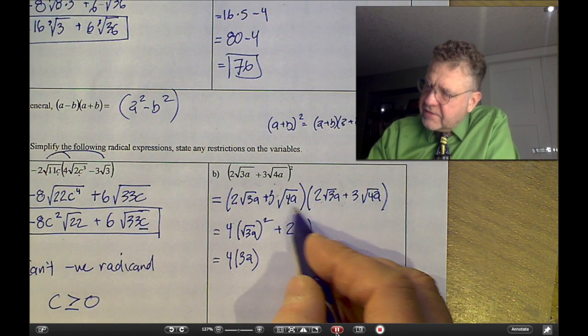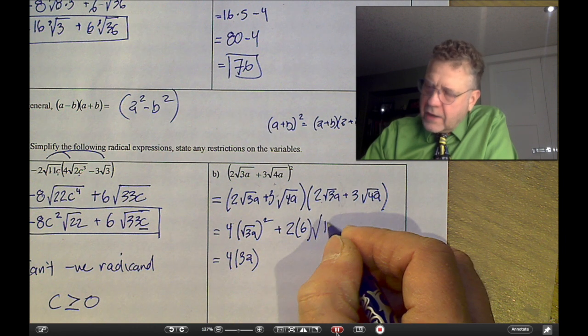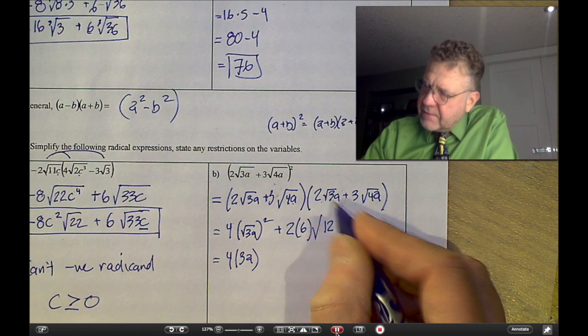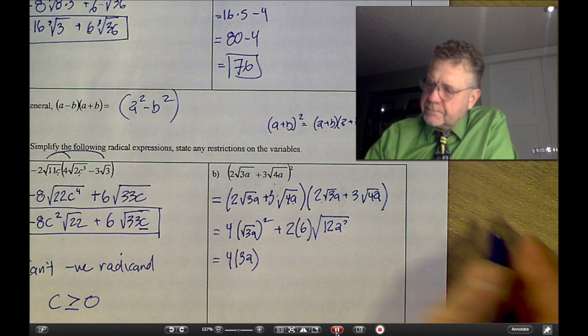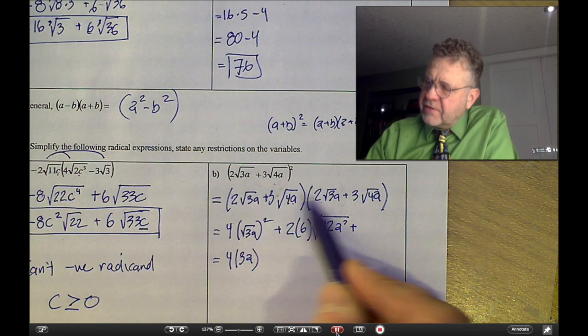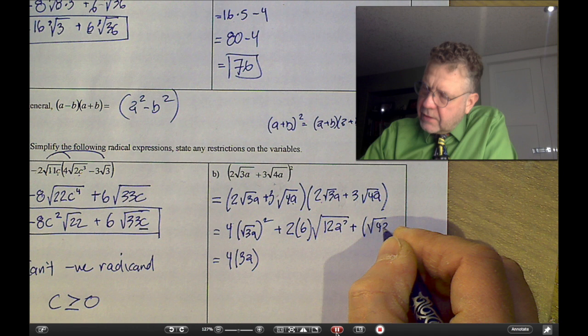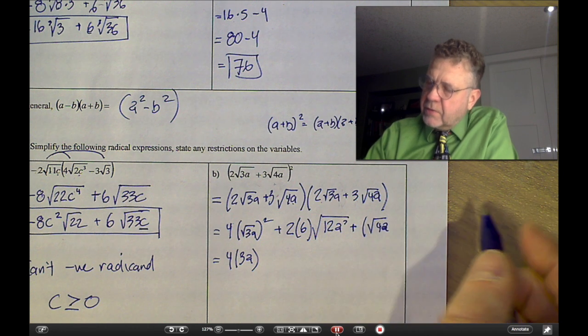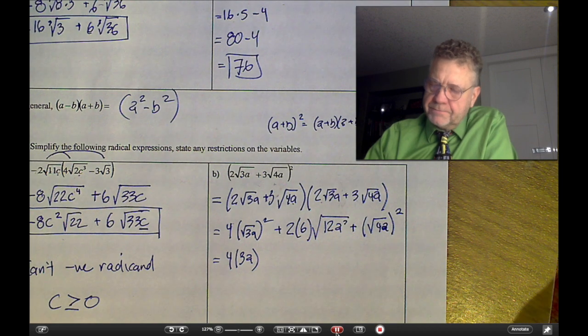So we're going to get square root of 12, and then 8 times a is a squared, just like that. And then finally, the outer terms, this and this, we're going to get simply, and again, I'll do it a little bit longer, the square root of 4a quantity squared, right?